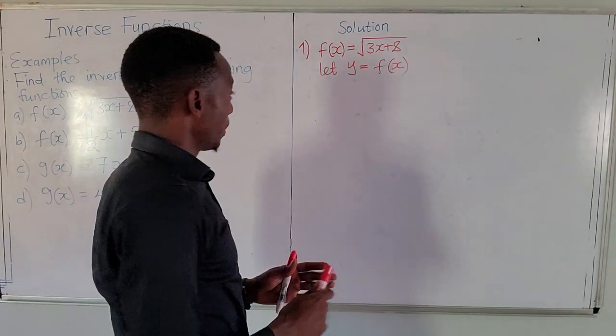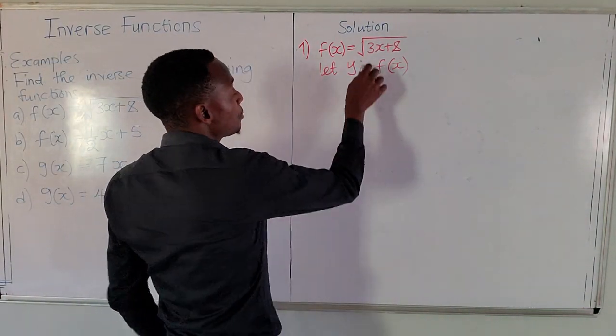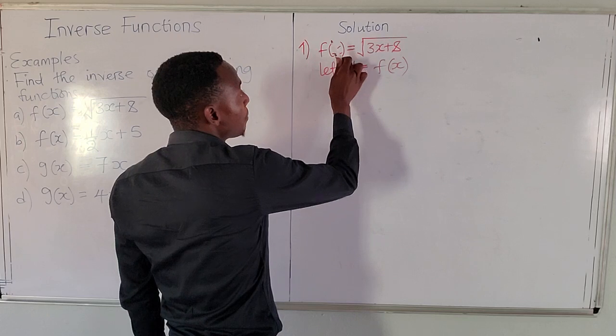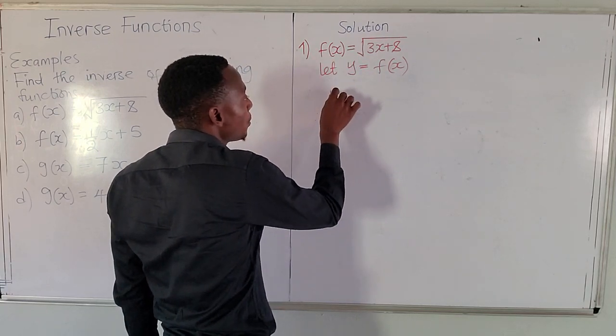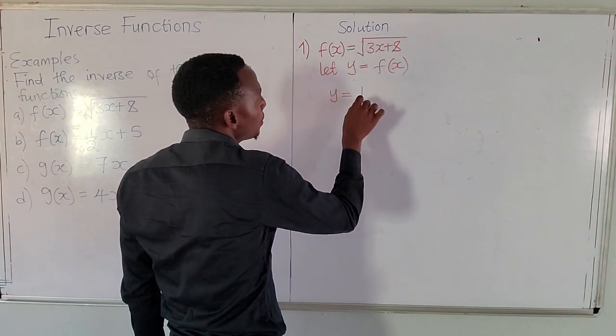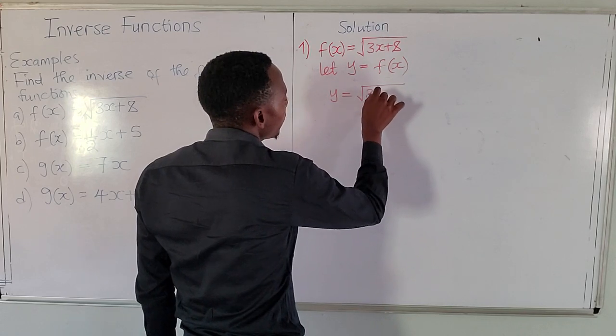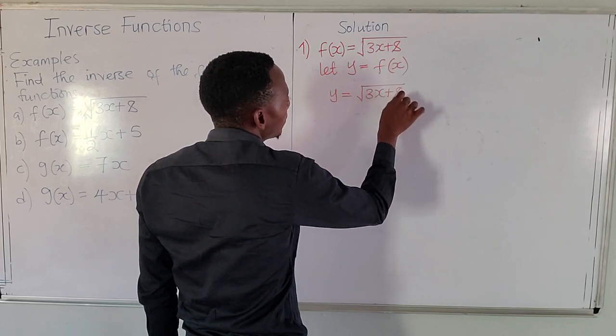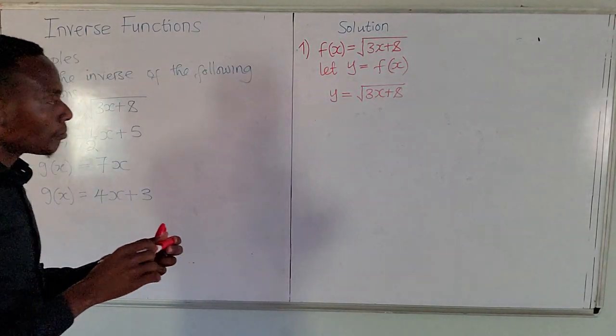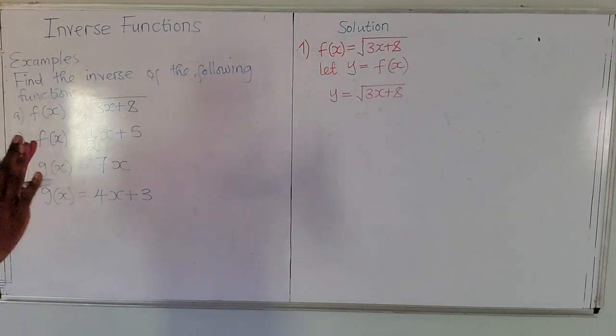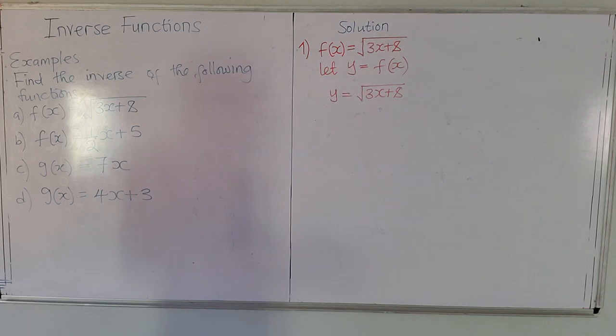So after that, we substitute. It means that now this f of x has become y. So where there is f of x, we are going to put y is equal to square root of 3x plus 8. Now, after you have expressed it in terms of y, you will have to make x the subject of the formula.